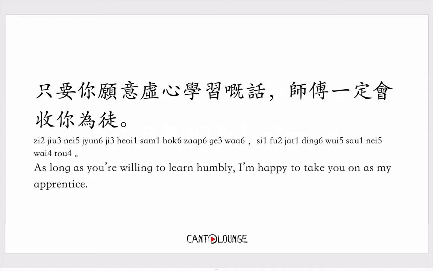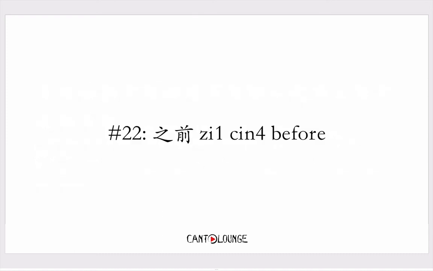But it's completely up to you. 師傅 master, referring to himself, 一定 will definitely, 收你為徒 take you as my apprentice, right? So 收你為徒 is a fixed construct expression as well, so don't try to even break it down.